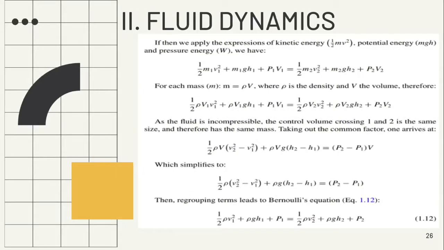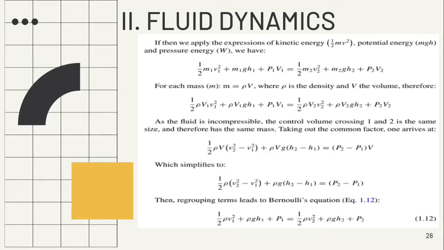If we then apply the expressions of kinetic energy, 1/2 mv squared, potential energy and pressure energy, we have 1/2 m1 v1 squared plus m1 g h1 plus p1 V1 equals 1/2 m2 v2 squared plus m2 g h2 plus p2 V2.